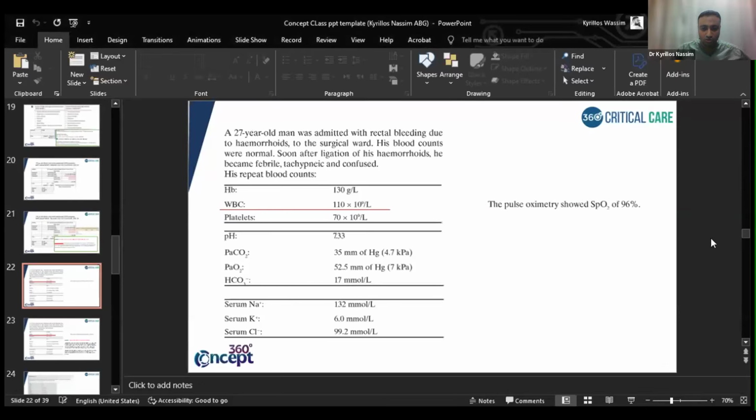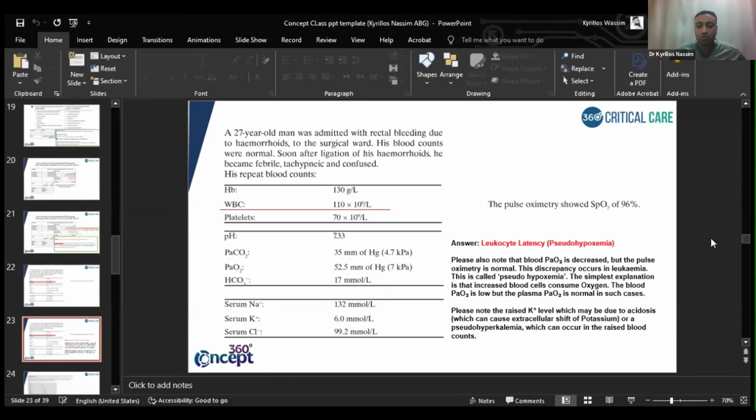Let's go to the answers. This is something high yield for examination called pseudo hypoxemia, which is leukocyte larceny. Let's break it down. So note that there is hypoxemia in the blood, but the pulse oximetry is normal.